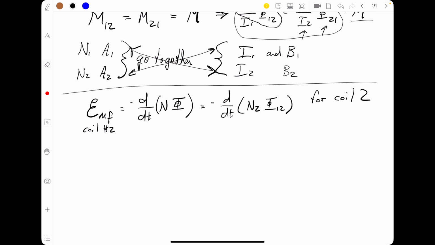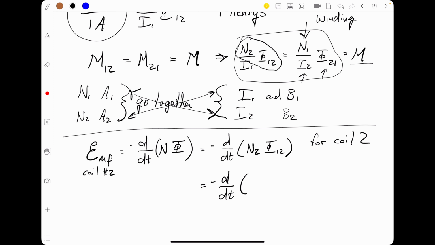Here's what this is equal to. I don't know if you guys already can see the end of the punchline on this, but if we come back to here, this is equal to our mutual inductance times I1.